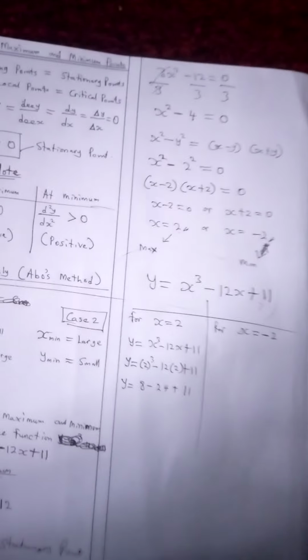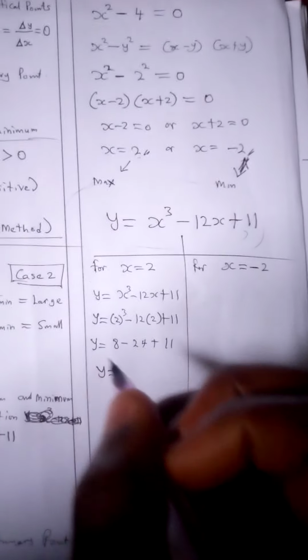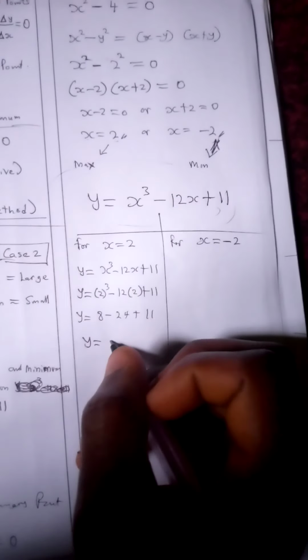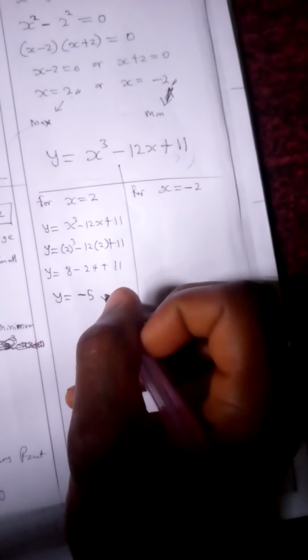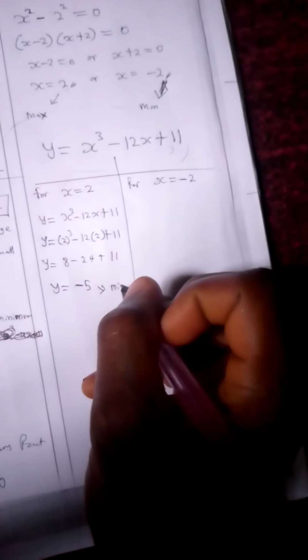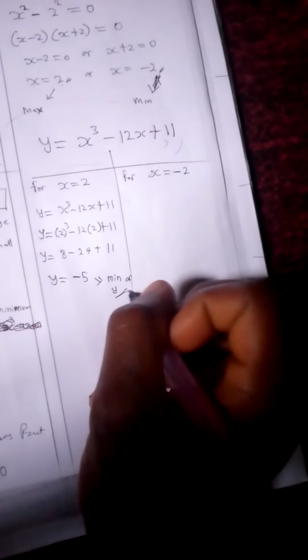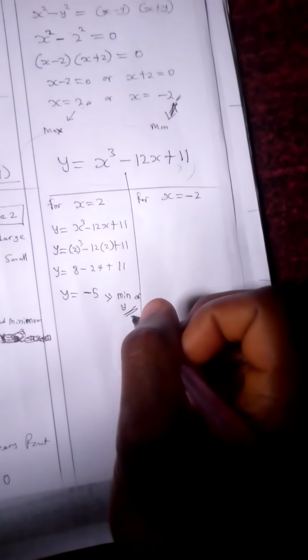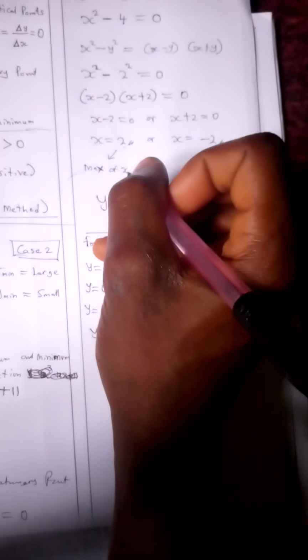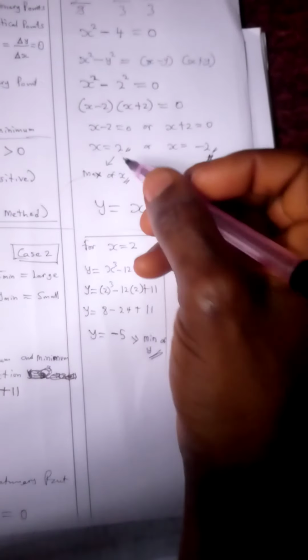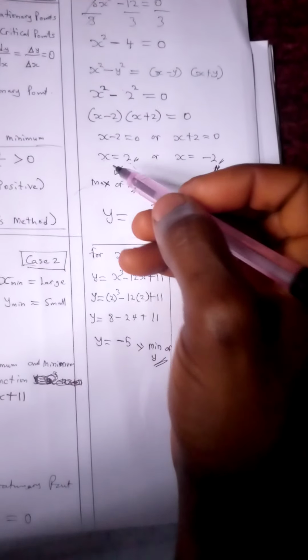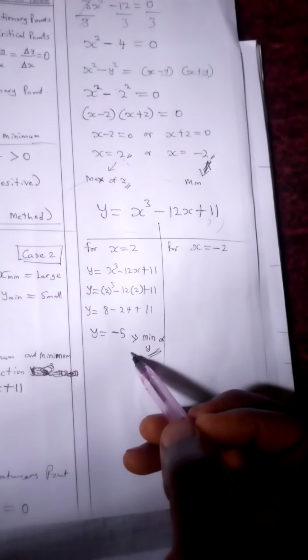When we simplify this, we have minus 5. And this minus 5 is what we call the minimum of y. The maximum of x is 2. You can see that using the maximum of x will always give you the minimum of y.